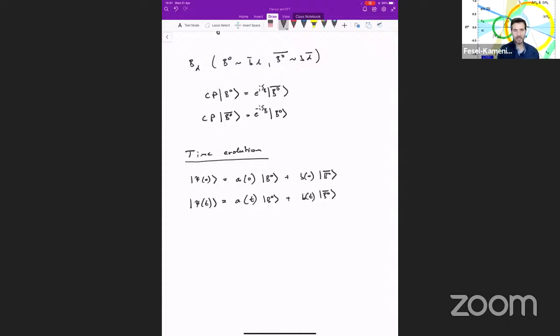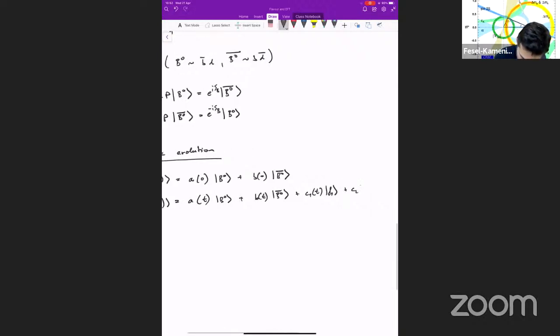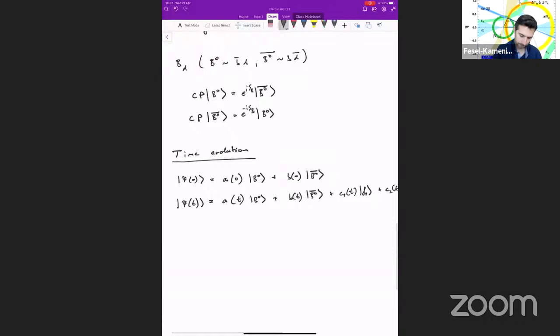But we need to take into account that the neutral B mesons are not stable particles, they decay. So after some time, these states can evolve into other states which are not B naught and B naught bar, but involve the decay products of B naught and B naught bar. So we have to add terms, let's denote them by C_i, so C1 of t times some decay final state F1 plus C2 of t times F2 plus so forth, okay?